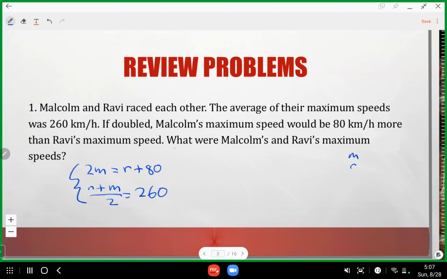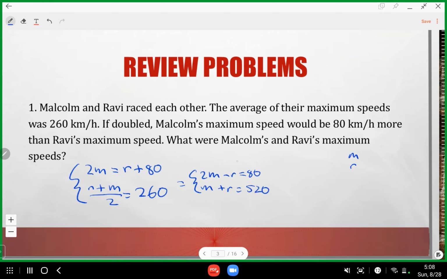So I recommend solving with, let's reformat this. This is going to be 2M minus R is equal to 80, and then M plus R is going to be 520.